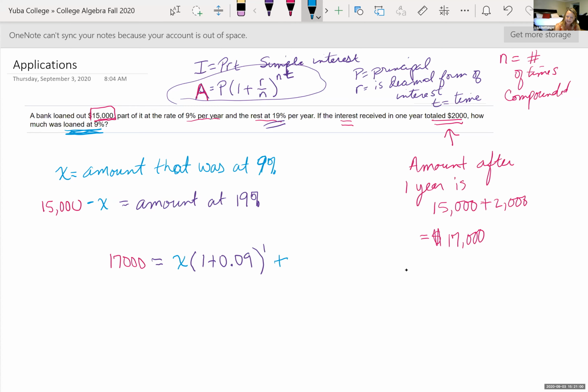And then the second account. So plus, they've invested that 15,000 minus X at the 19%. And so that is 1 plus the interest rate, 0.19, all raised to the first.